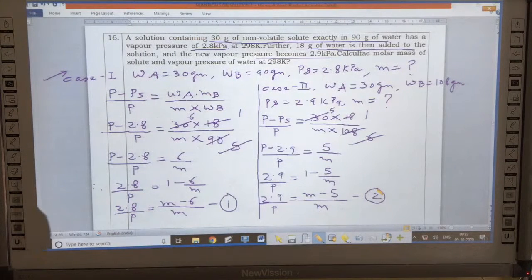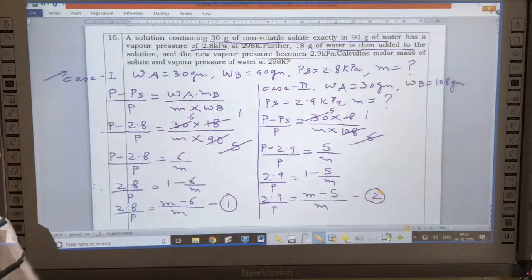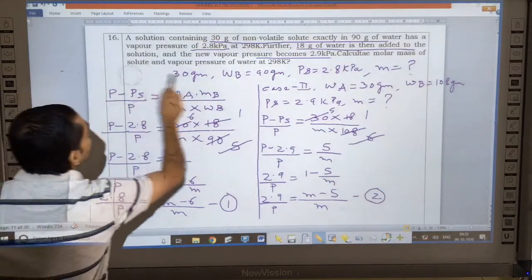There are two equations, two parts, case 1 and case 2. I have solved both the parts. This is part 1, this is part 2. Now from this we can solve the remaining part. Okay, how?